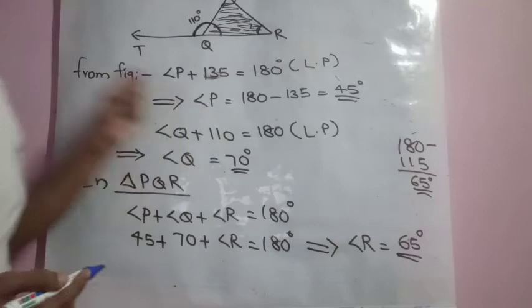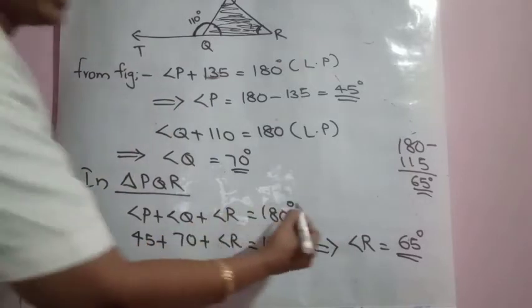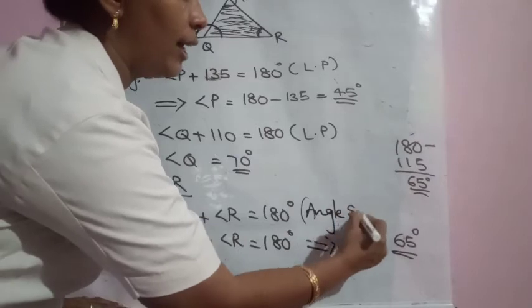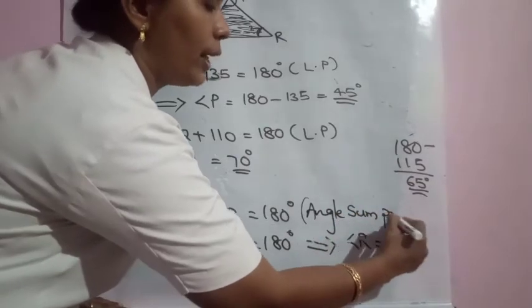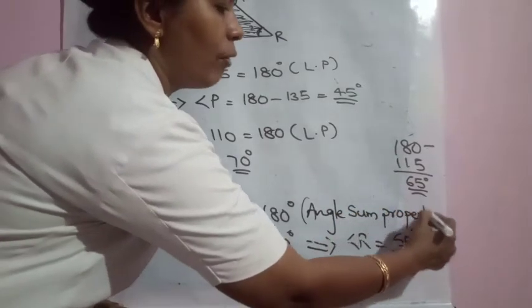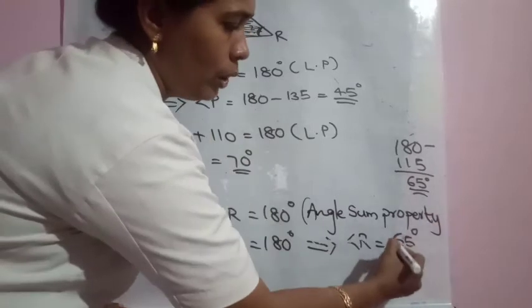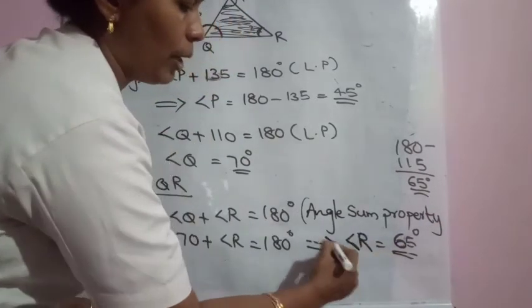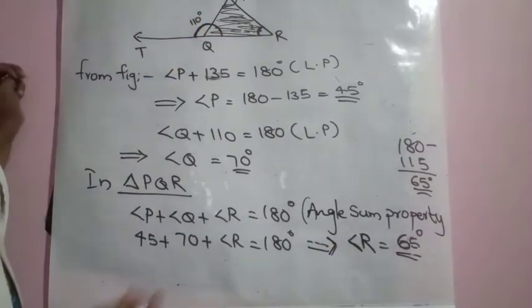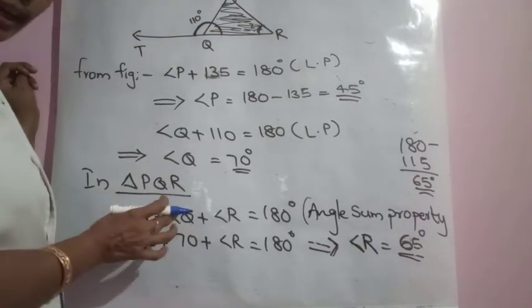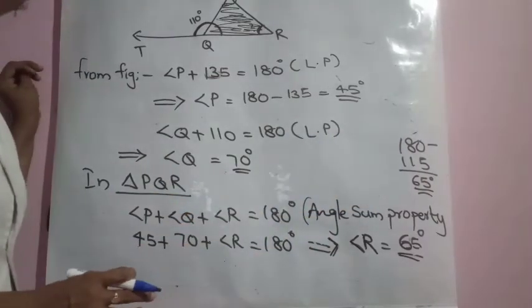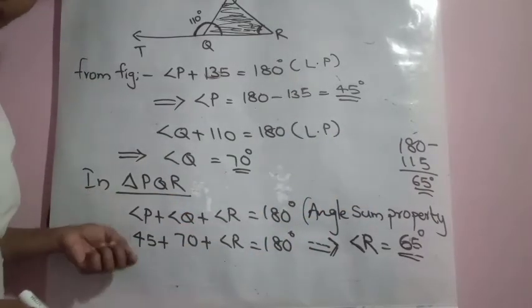Subtract it from 180 because we studied the angle sum property of a triangle. What can we write as the reason why the angle sum is equal to 180 degree? We can write angle sum property of a triangle. So subtracting 115 from 180, we have 65 degree. Is it easy now?